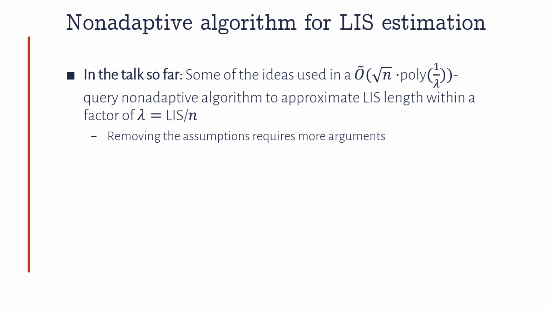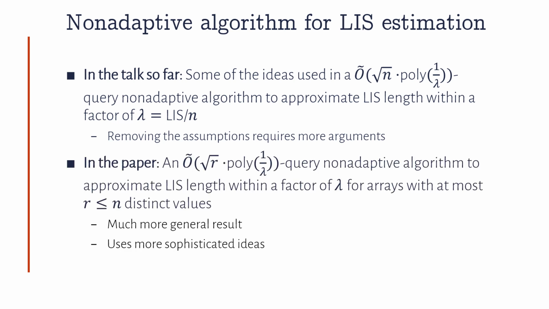So here is what we saw so far. We discussed some of the key ideas used in a root-n query non-adaptive algorithm to approximate LIS length within a factor of lambda. We made several assumptions on the way. Removing these assumptions requires more arguments. And in the paper, we show a much more general result.